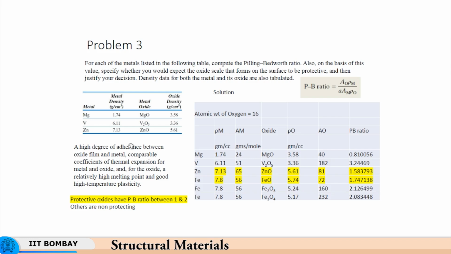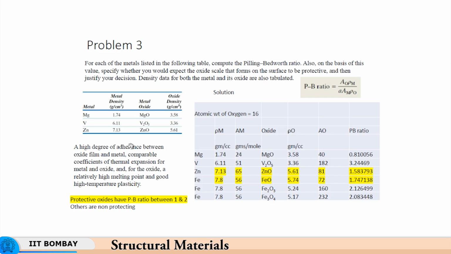Now, these 3 different oxides form under different conditions of availability of oxygen. For example, FeO would be formed when oxygen is relatively less available, a small quantity of oxygen, because you have 1 atom of oxygen per atom of iron.